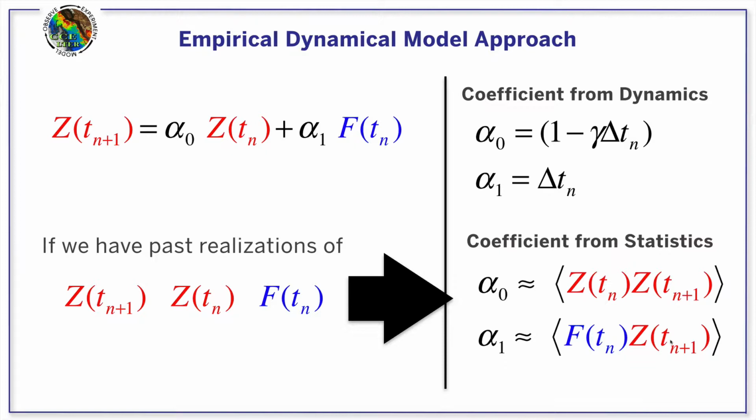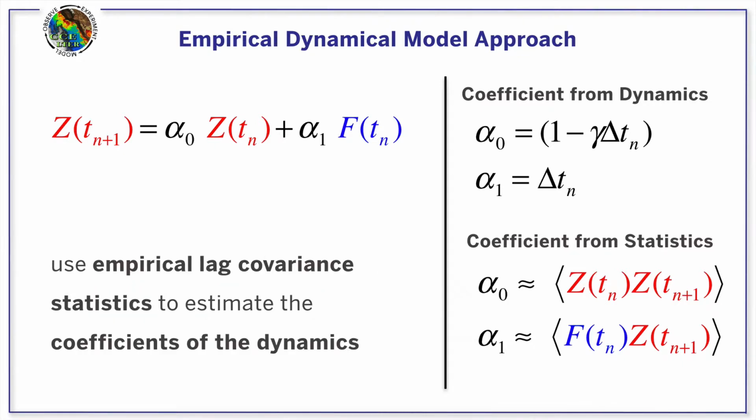This is a very powerful approach that has been used in the climate literature to develop empirical dynamical models for climate forecasts. So the empirical dynamical model really uses empirical lag covariance statistics, shown here, to estimate the coefficients of the dynamics.